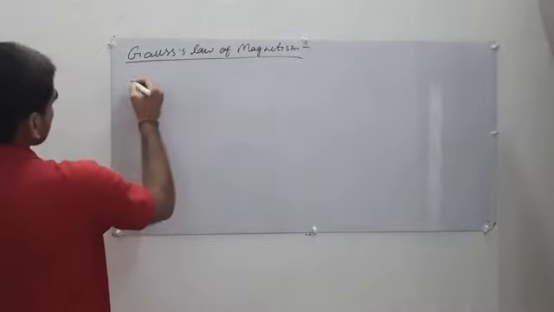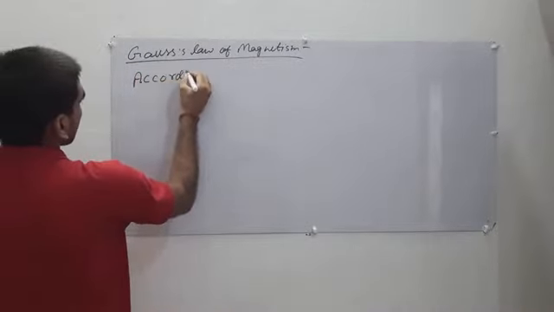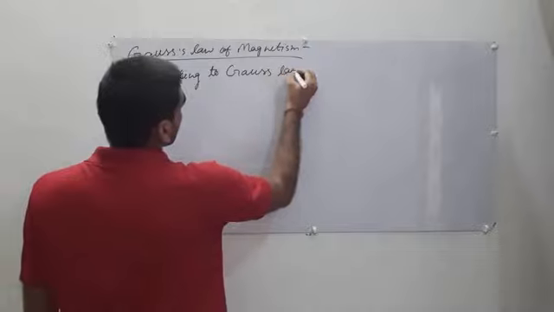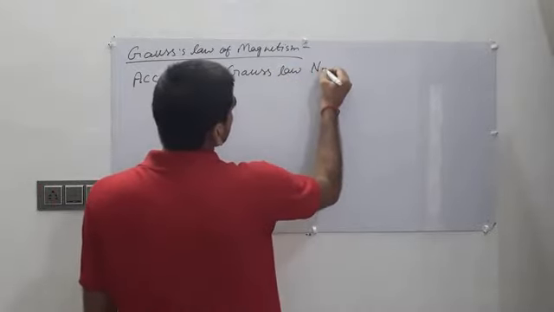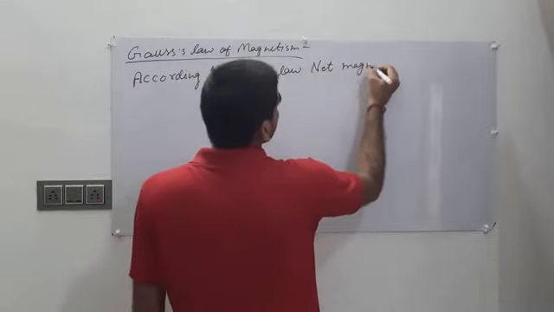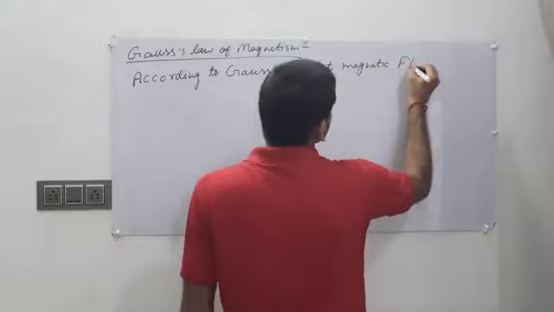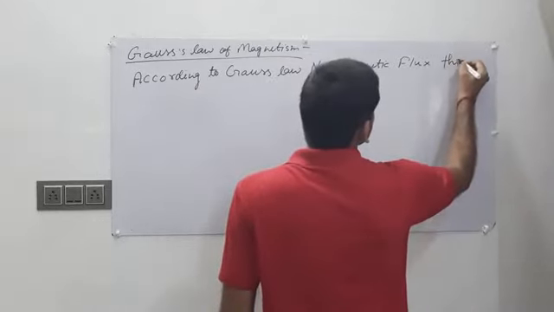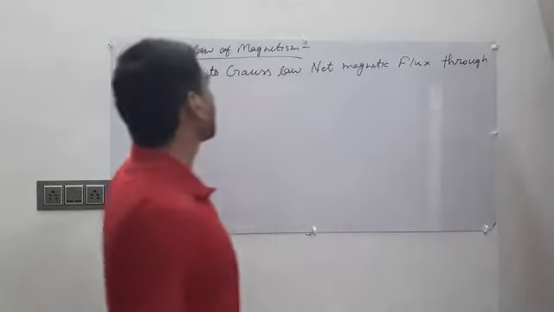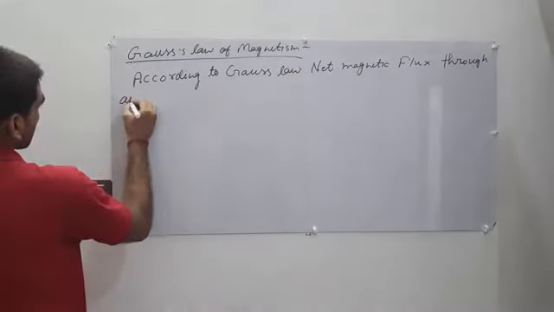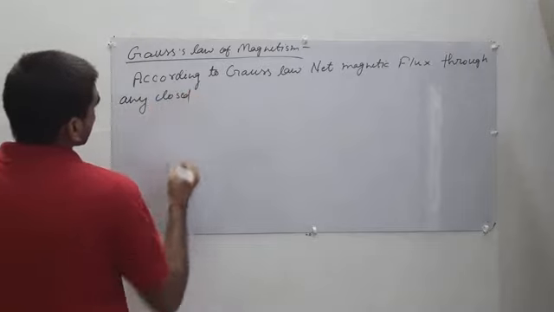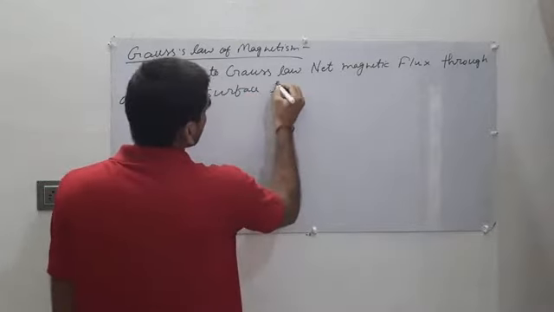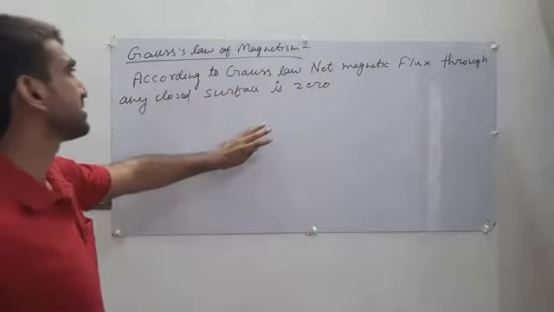The net magnetic flux, according to Gauss law, through any closed surface is always zero. So this is the statement of Gauss law.